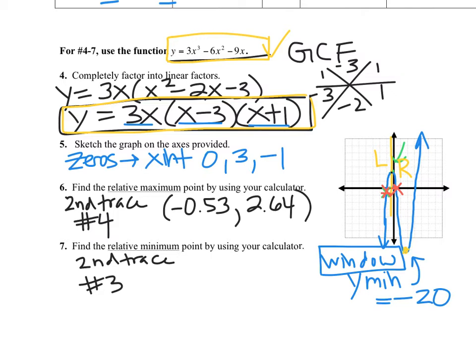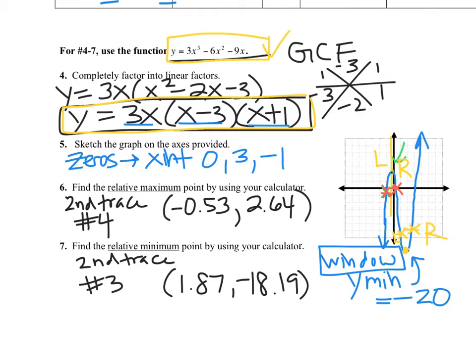Here's our minimum down here, and I'm going to put my cursor somewhere close over to the left, hit enter, and go to the right side. Now you're somewhere over here on the right, and you hit enter, and enter one last time, and you will get that the minimum is 1.87, -18.19. There you go.